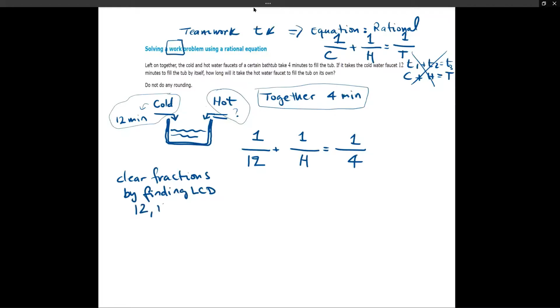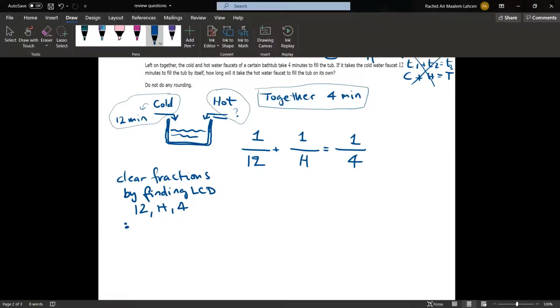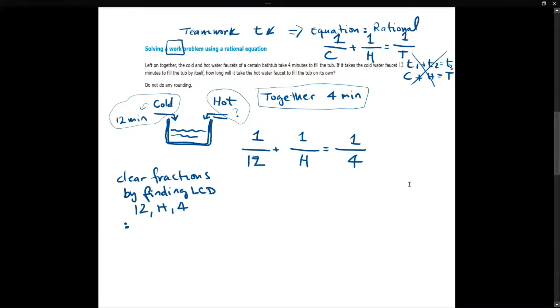So we have 12 and H and 4. So we need something that divides for all of them. If you know it quickly, that's fine. If you're getting stressed about it on a test, then you do 12 times 4 times H. In that case, it's not the least common denominator, but it's a common denominator, right? So I'll give you a second to think about what is the least.